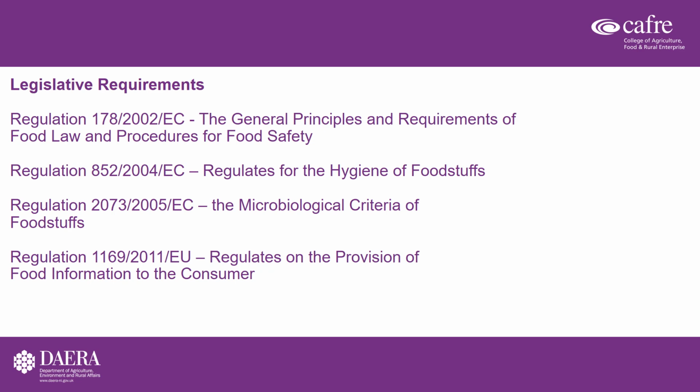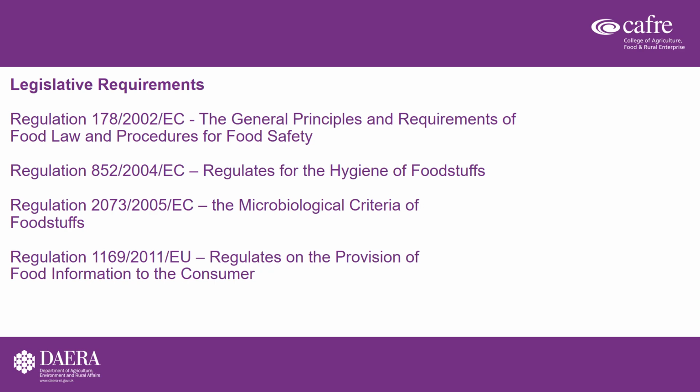The main aim of legislation surrounding food product shelf life is to ensure that food is produced safely. This is achieved by implementation of food safety management systems based on HACCP principles, which establish safety criteria through control of foodborne pathogens.